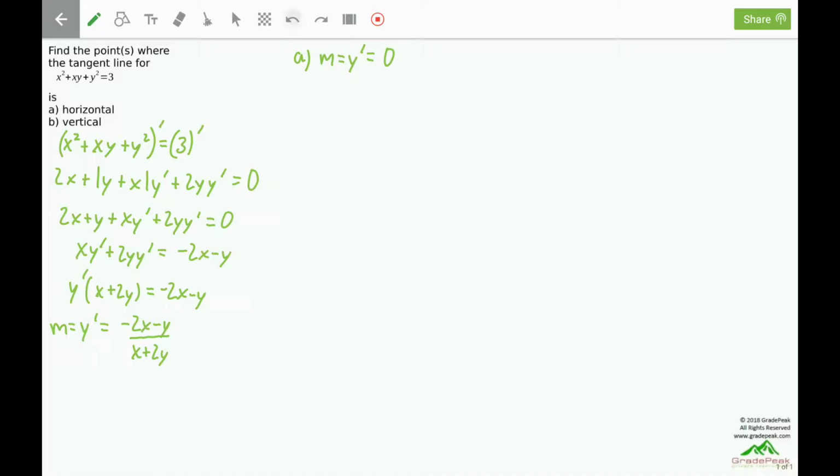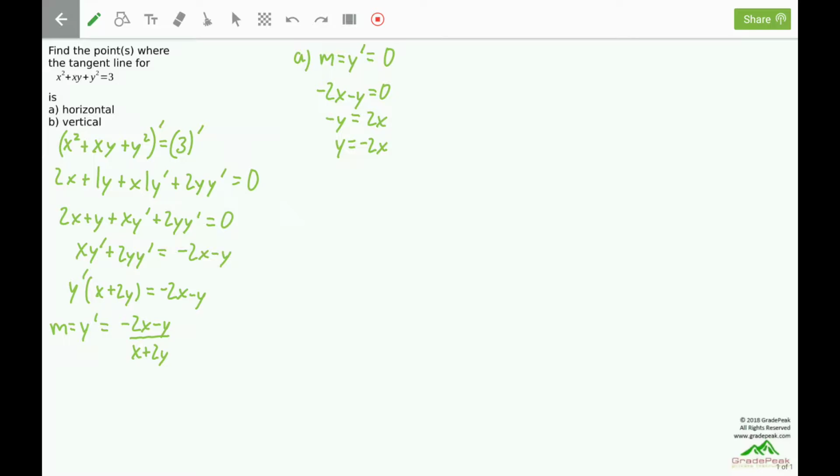So we're going to set the numerator, negative 2x minus y, equal to 0. That gives us that negative y equals a positive 2x if we add it to the other side, or y equals negative 2x. And there's the relation between y and x that needs to hold true to have a horizontal tangent line.